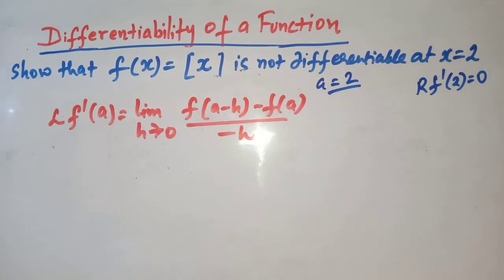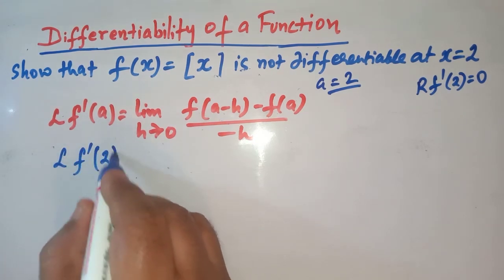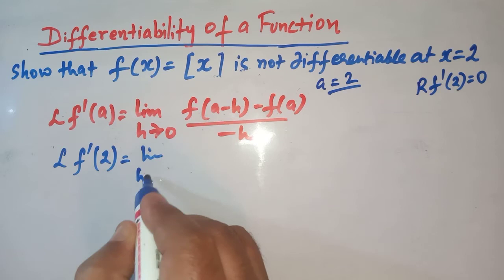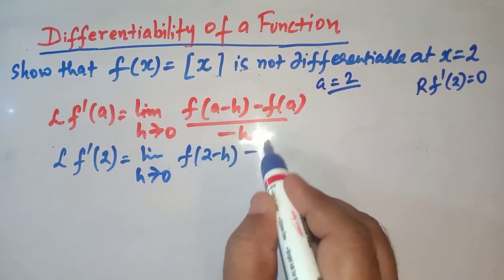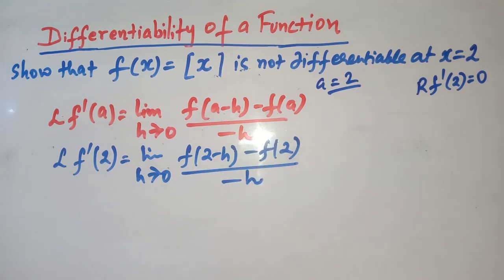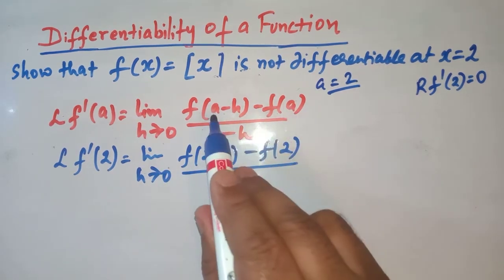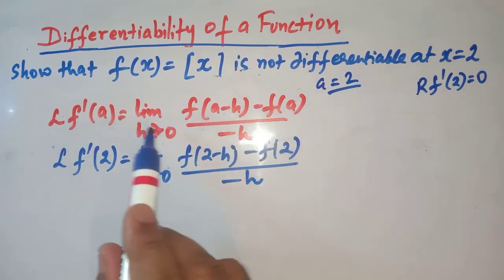Clear? Now we have Lf prime of 2 equals limit h tends to 0 of f(2 minus h) minus f(2) over minus h. Clear? We have substituted the value of a equals 2 in this expression.